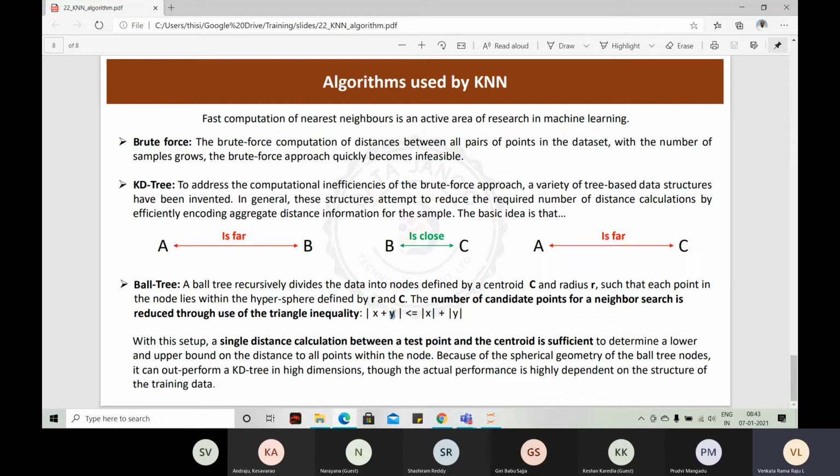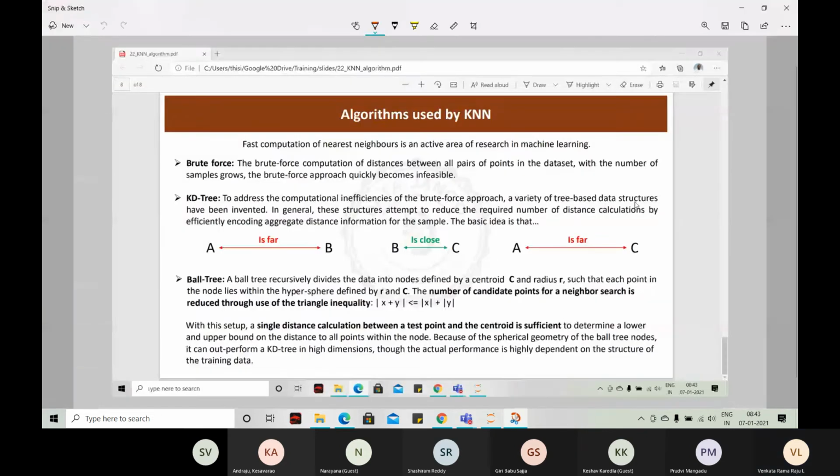So x and y and x and z. Let me attempt a small thing here. We have time, right? Suppose that the distance between this and this is x.